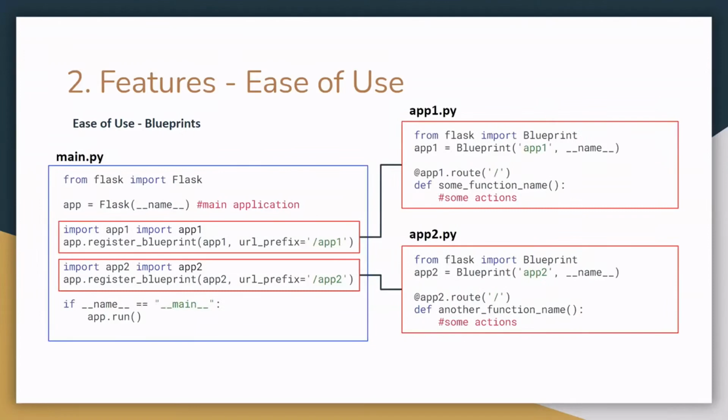Application development using blueprints can be simplified into 2 steps. 1, implementing a blueprint, and 2, registering the blueprint to the Flask application object. Blueprints can also be registered to another blueprint to inherit its prefix, error handlers, and so on.